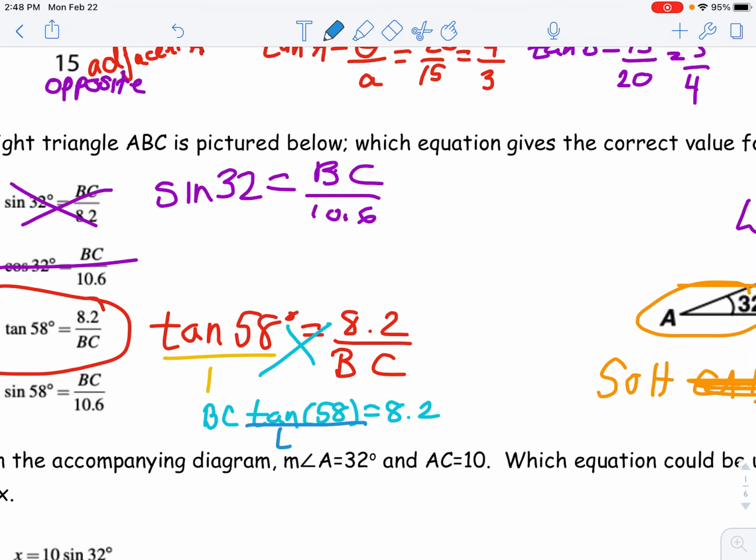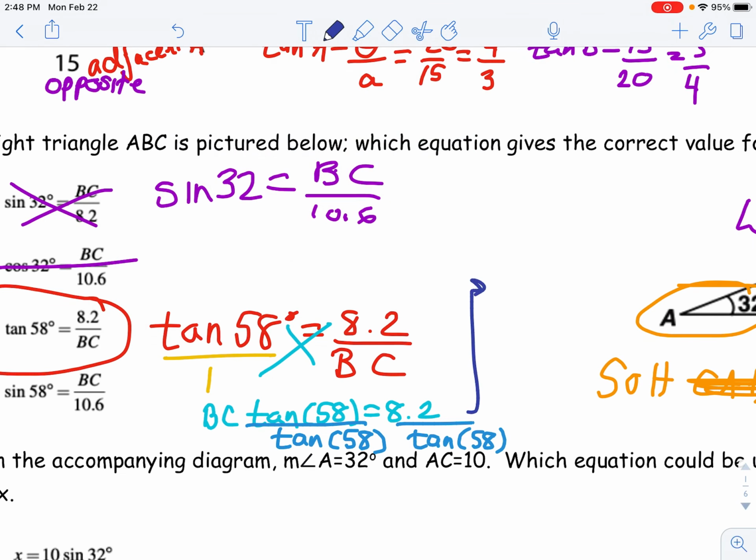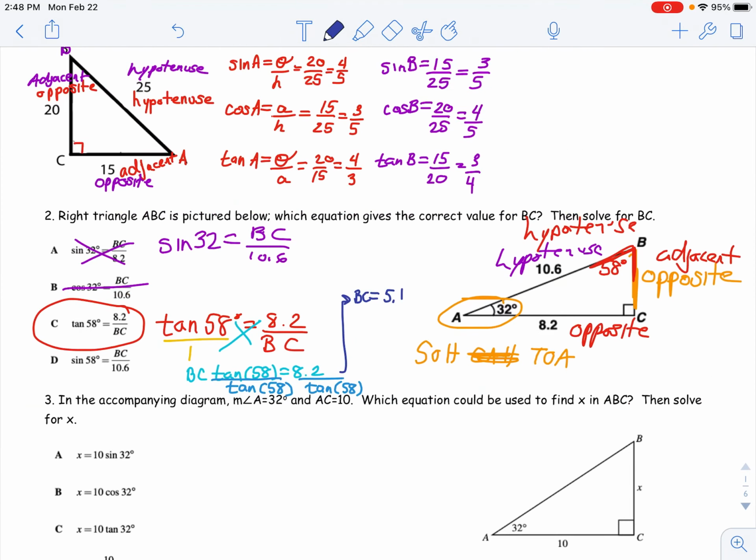Divide both sides by tan 58. We're going to get BC, and then plugging 8.2 divided by tan 58 into your calculator, you're going to get about 5.1. All right, that's the rounded answer, 5.1. That's it. All right, cool beans.